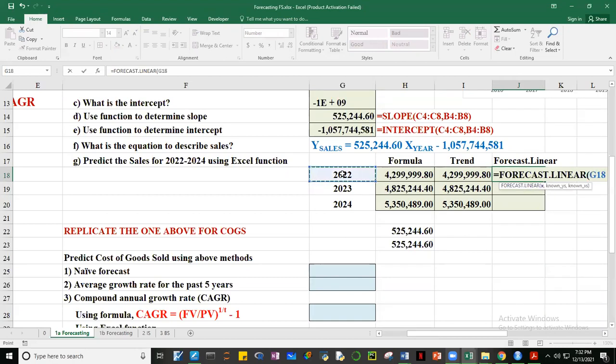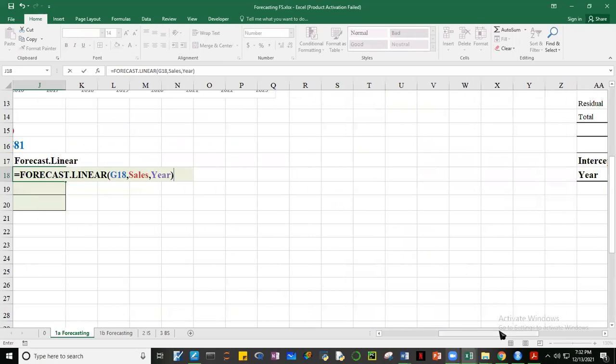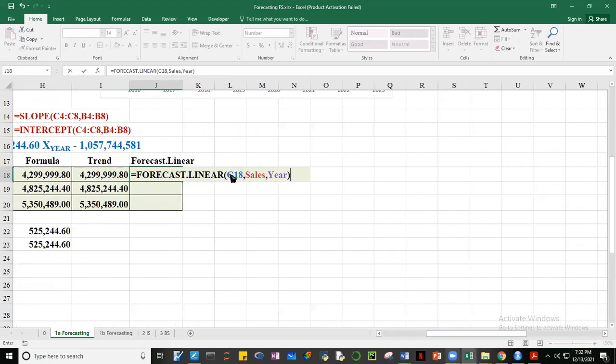Unang-una yung x. Our x is 2022. Our known wise is your sales, diba? Yun ang known wise natin, sales. Comma, known x's, that's your year. Kaya yung advantage guys pag gagamitin natin ng names, no? Mabilis ma-access. Okay, so that's our formula guys. Forecast.linear. Control enter. There you go.